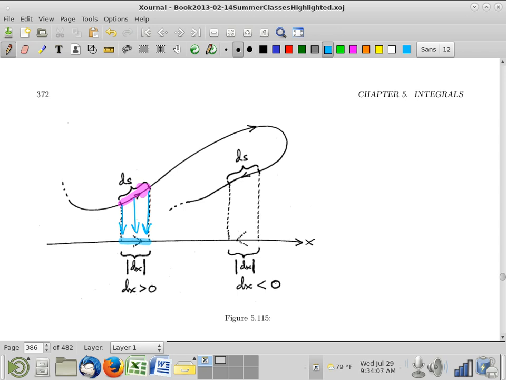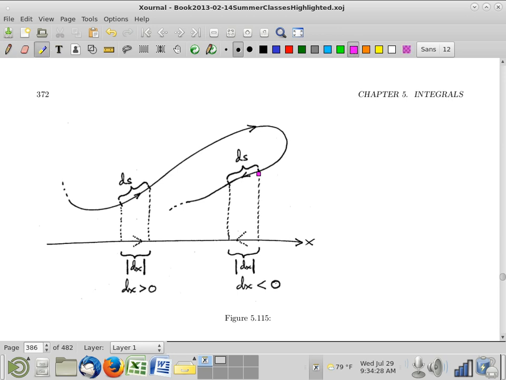Now, I've swept a little minor issue under the rug, and that is that dx could be positive or negative. Sizes can't. Sizes are always positive, right? So if dx is negative, how are we going to sort of relate that to this idea of the size of a projection? Well, I'm going to do that by thinking about orientations.